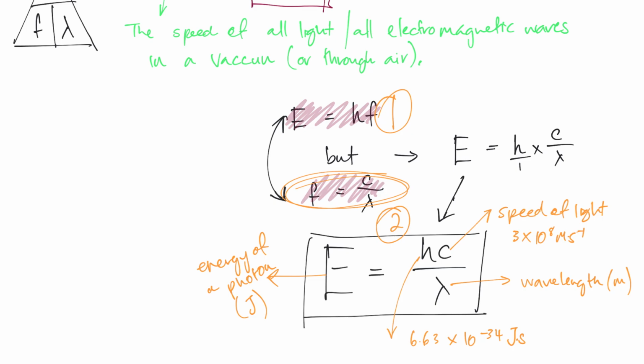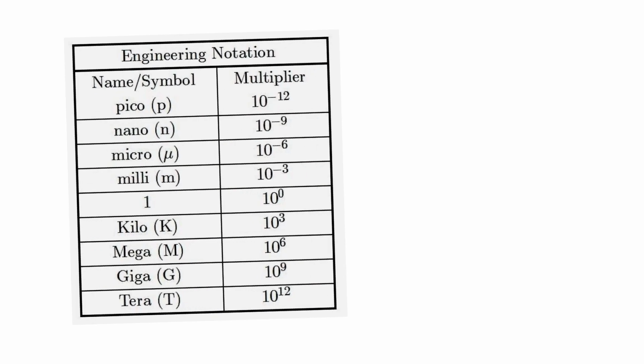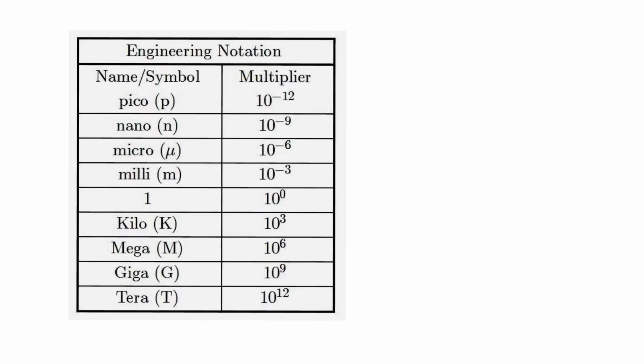Right. Another thing that you must remember is your conversions. Please remember that we have standard units, which are things like coulombs, hertz, meters, seconds, and then you have your conversions. So your conversions look something like, just give you a little table here. You should remember your engineering notation from when you were in grade 10.